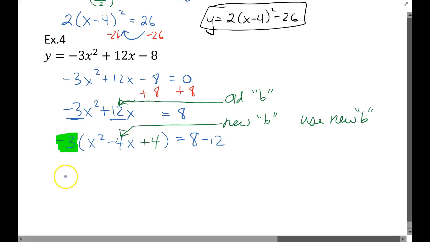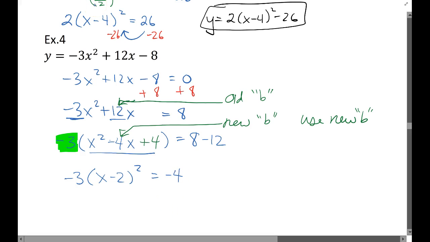And so drop your negative 3 down, factor your parentheses, the x squared becomes x, take half the middle term, so half of negative 4 is negative 2, and then your right-hand side, 8 minus 12 is negative 4.